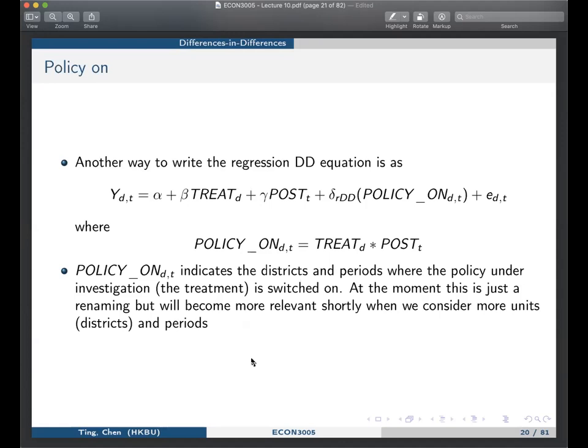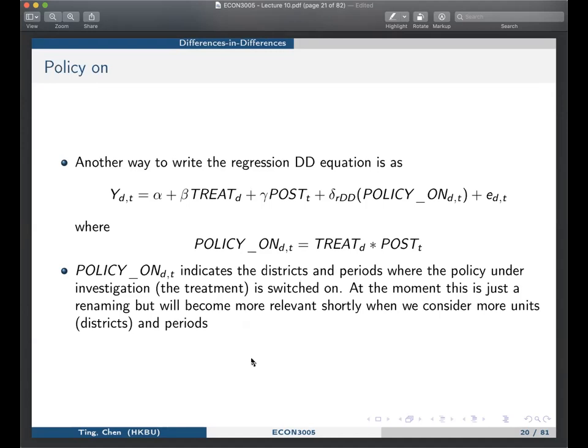It indicates the districts and periods where the policy under investigation is switched on, meaning the observation refers to the treatment group in the treated period. For this very simple example, this is just a renaming of the interaction term.